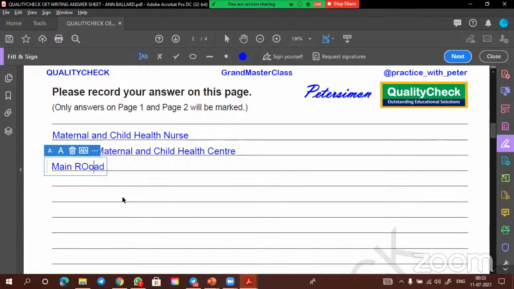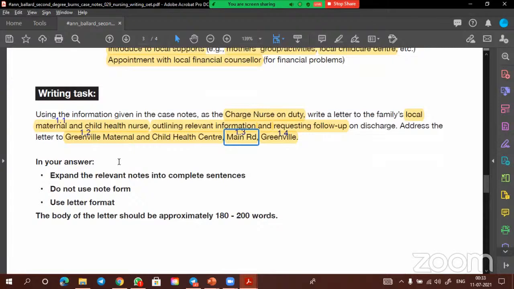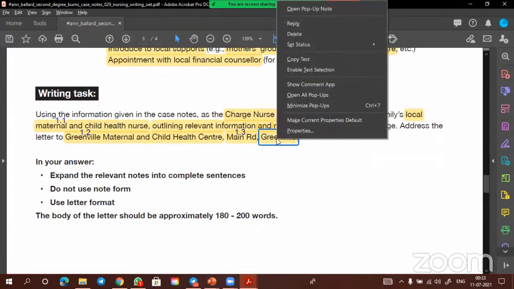Right. No need to write as it is. You have to fill it up properly. No shortcuts. Next. Fourth one. Greenville.